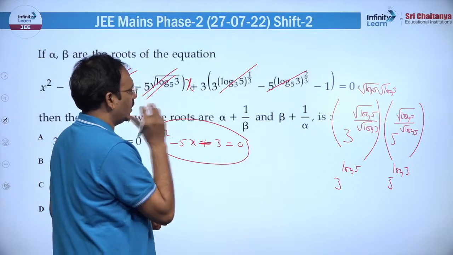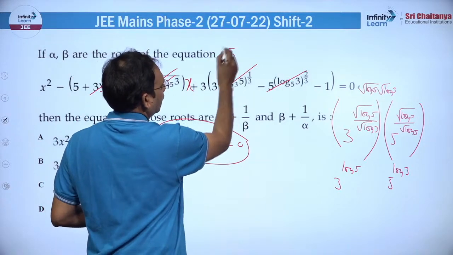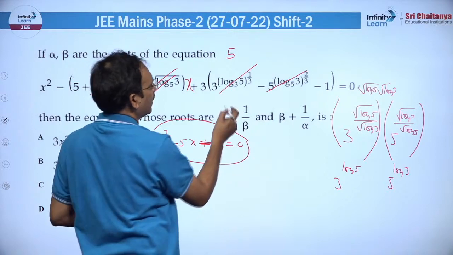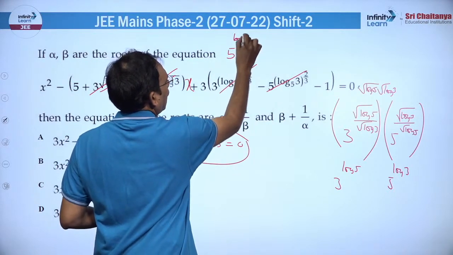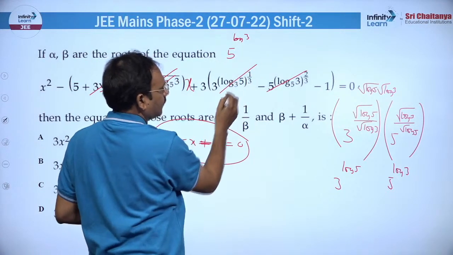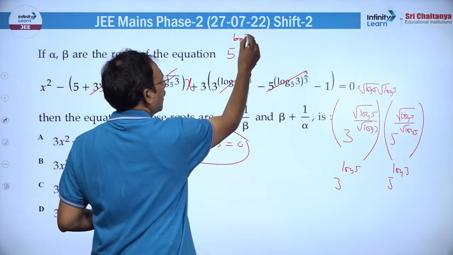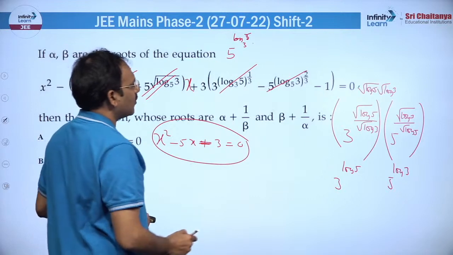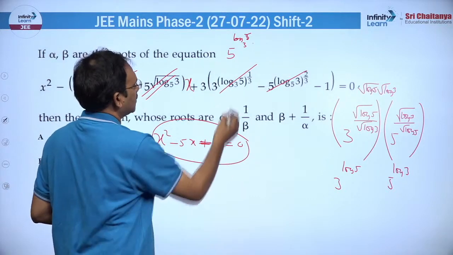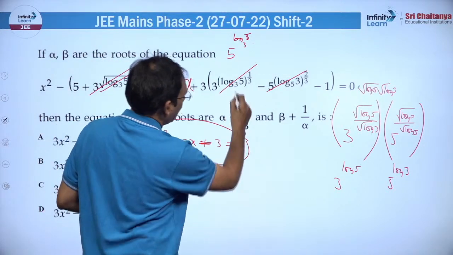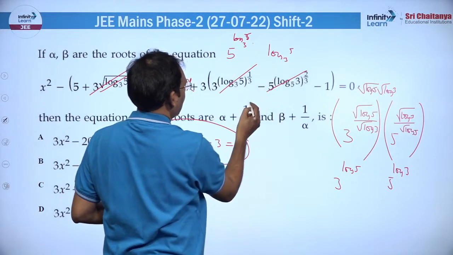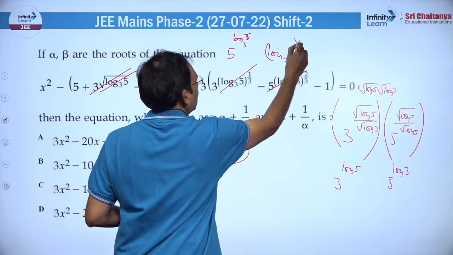How can you say? You see, 5 power log 3 base 5 power 2 by 3, you can write log 3 base 5, or log 5 base 3. Consider this part, otherwise log 5 base 3 power 1 by 3 is there.